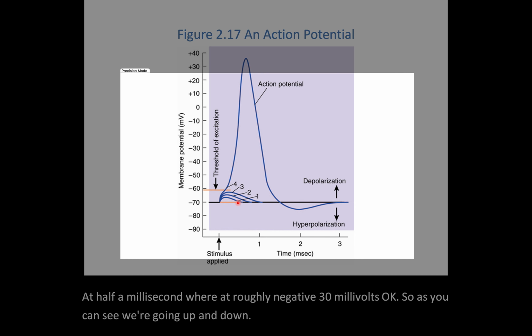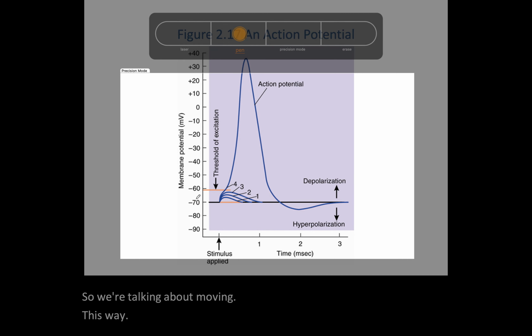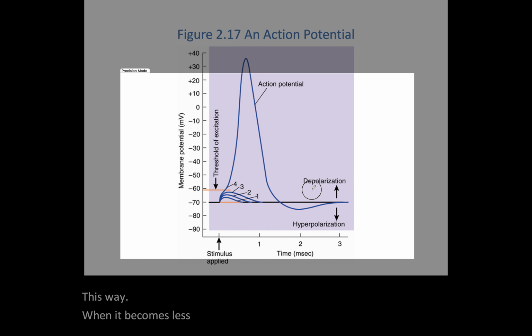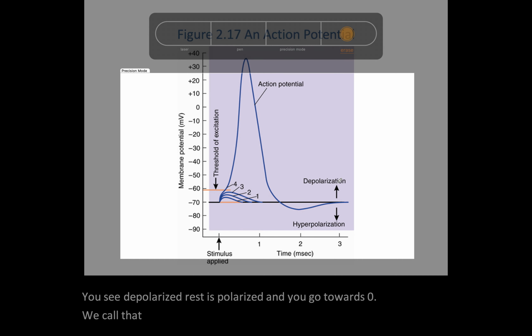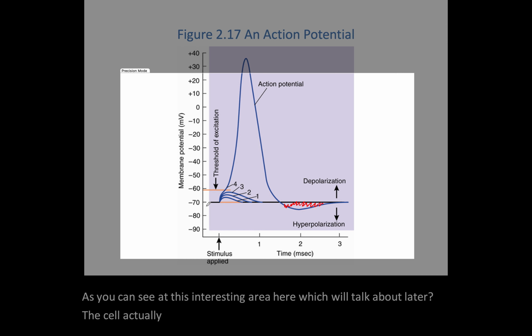When the cell becomes less negative, so we're talking about moving this way, we call that depolarization. If rest is polarized and you go towards 0, we call that depolarization. As you can see at this interesting area here, which we'll talk about later, the cell actually becomes more negative than rest.